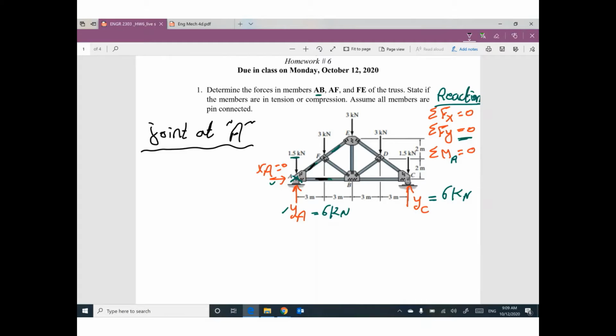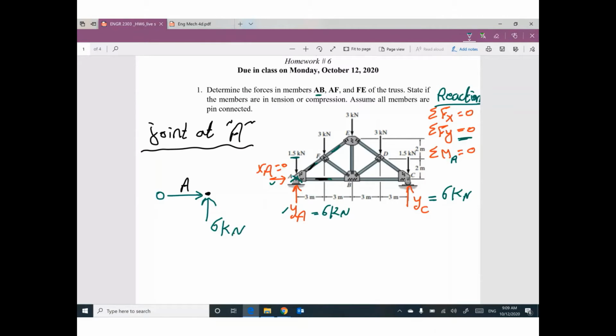But please be careful when you are doing equilibrium at A. You have to include everything that intersects at joint A. You have to draw it first. Here is A. What do you have at A? We have horizontal reaction XA, which is 0. We have vertical reaction YA, 6 kilonewton.